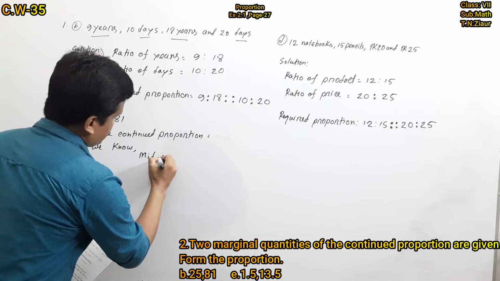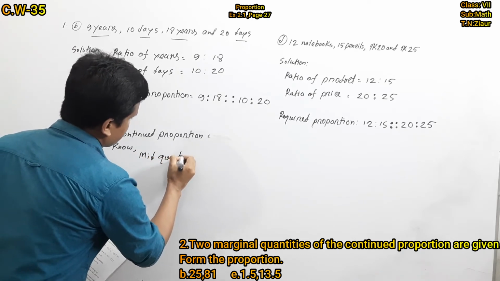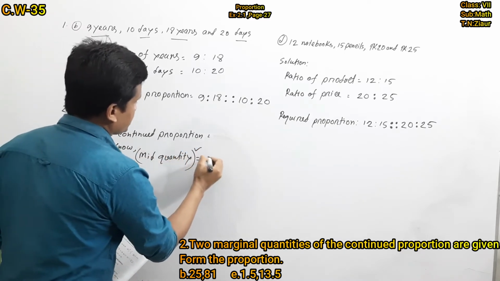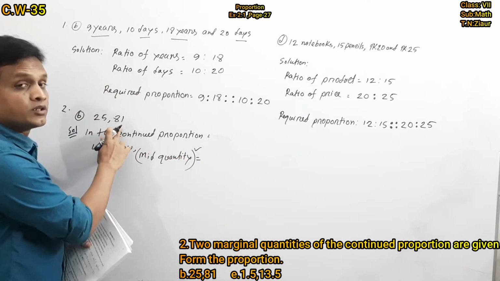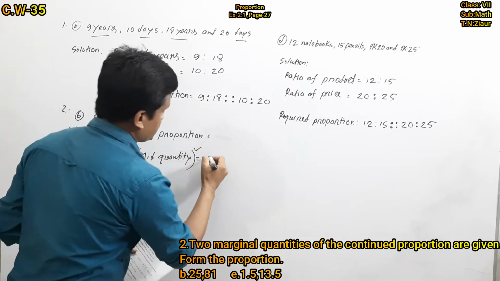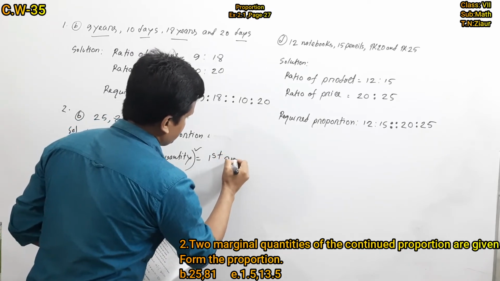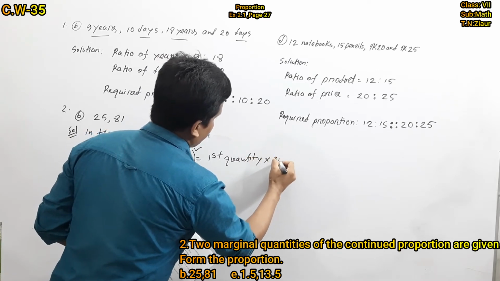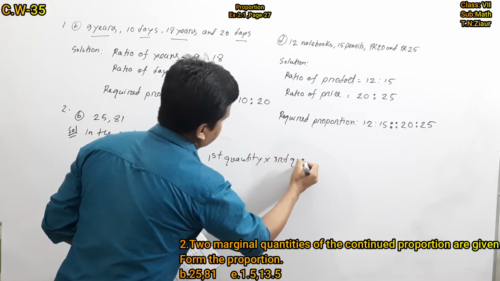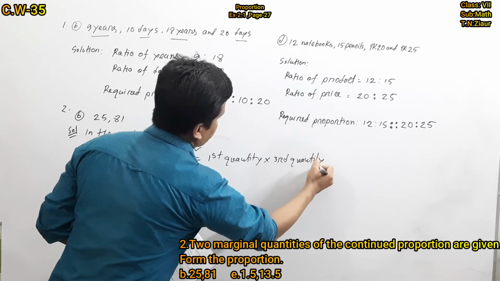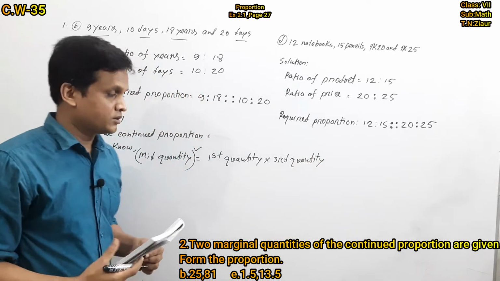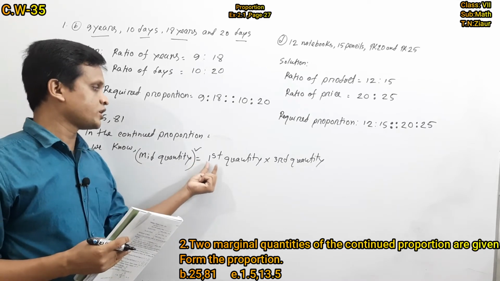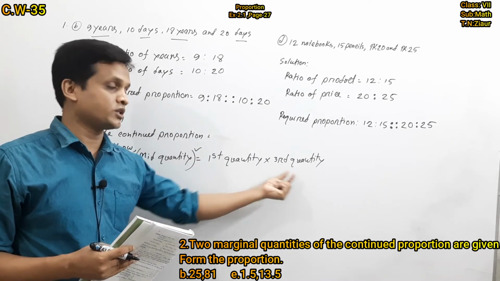Mid quantity square equal to first quantity into third quantity, right? This one we know, right? So in continued proportion we know this formula, mid quantity square is equal to first quantity into third quantity.